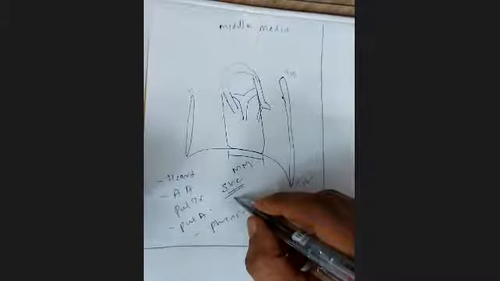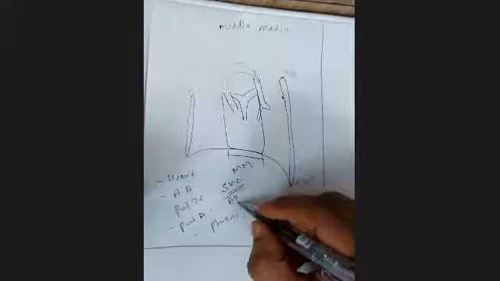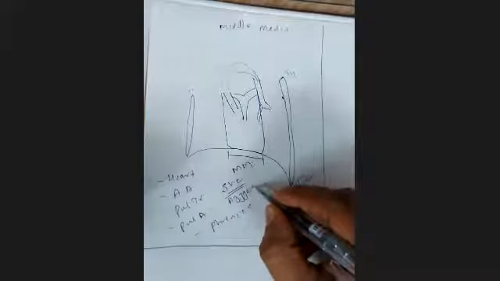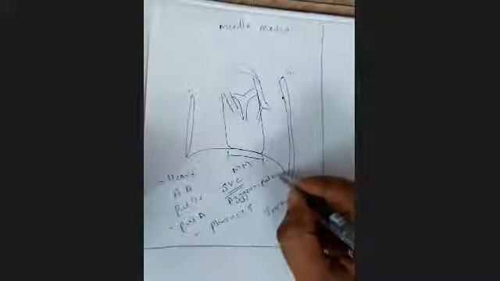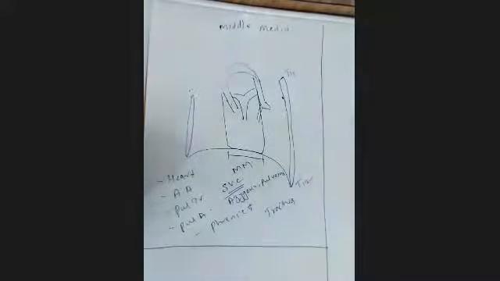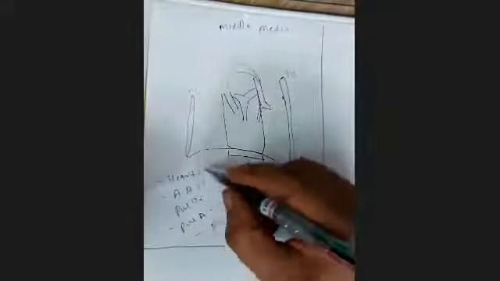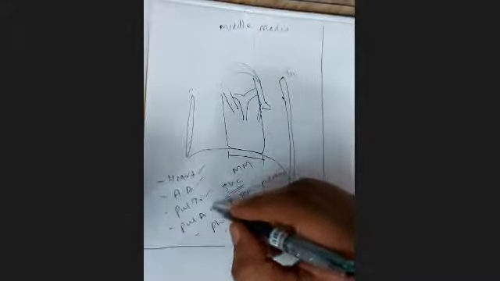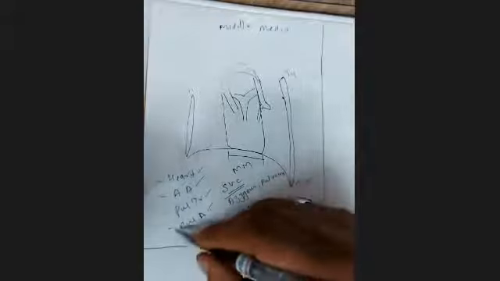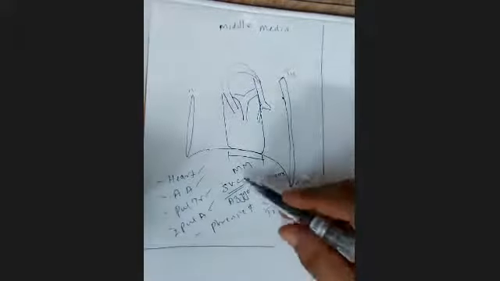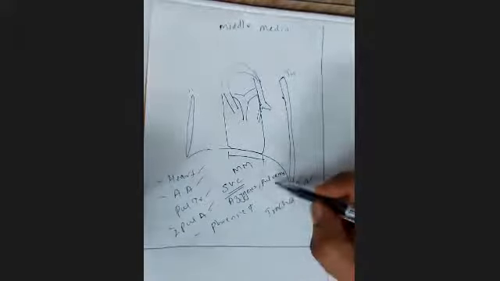Then the terminal part of the azygous vein. SVC, azygous vein, and pulmonary veins. So heart, ascending aorta, pulmonary trunk, the two pulmonary arteries, superior vena cava, azygous veins, pulmonary veins. This will be the content.